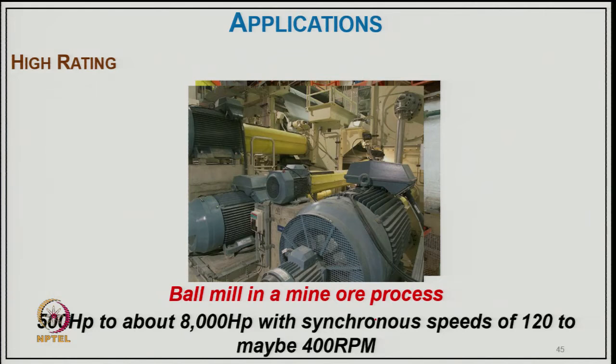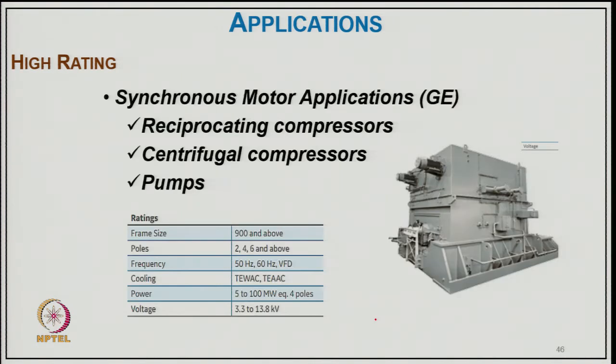Then ball mill in mine ore process, 500 horsepower to about 8000 horsepower synchronous motor, with a synchronous speed of 120 to 400 rpm, and then high rating synchronous motor applications are reciprocating compressors, centrifugal compressors and pumps, and the rating typically goes quite high, in that case you can see the example typically goes from 5 megawatt to 100 megawatt. So, that is also a typical size with variable frequency drive in 4 pole.